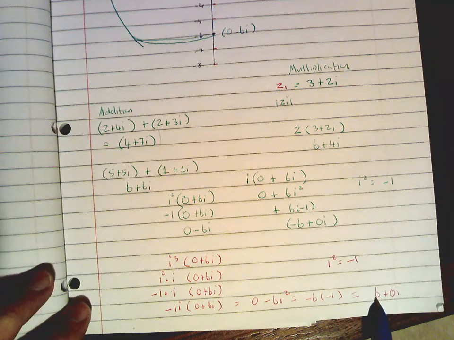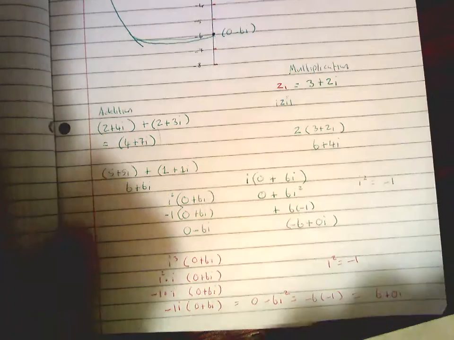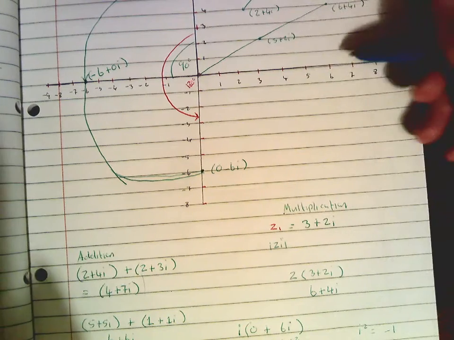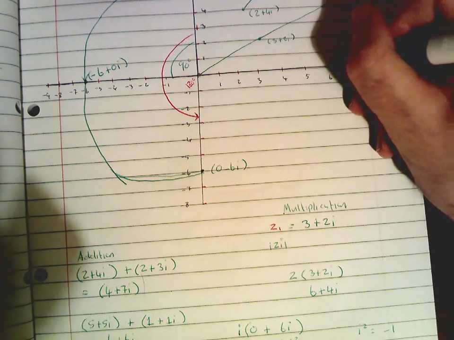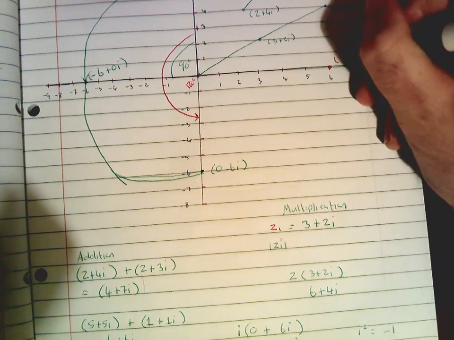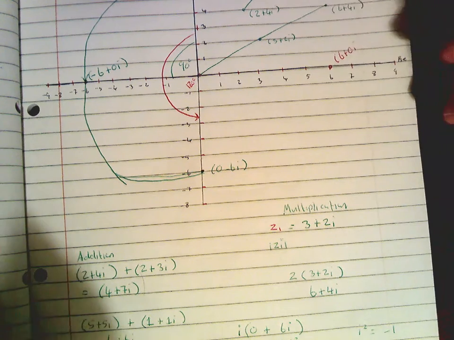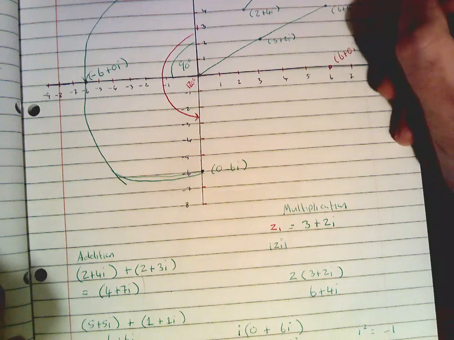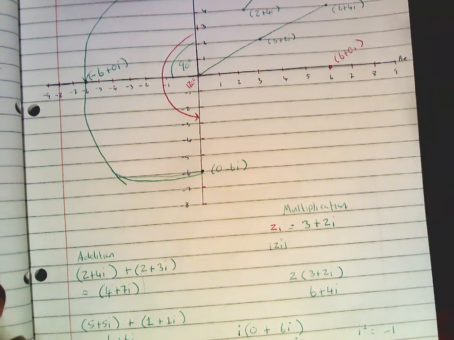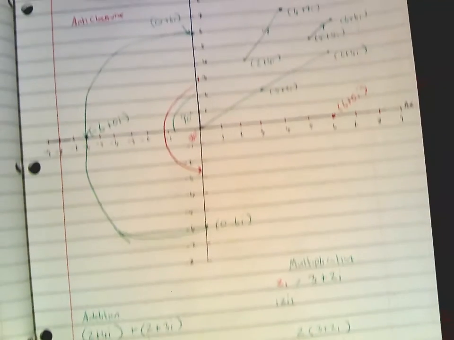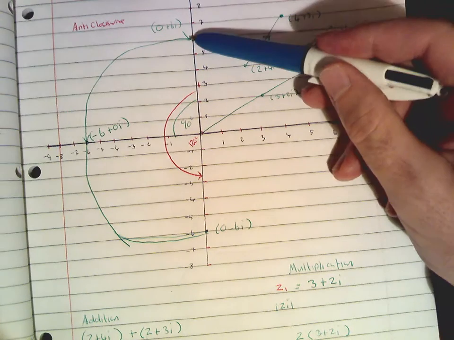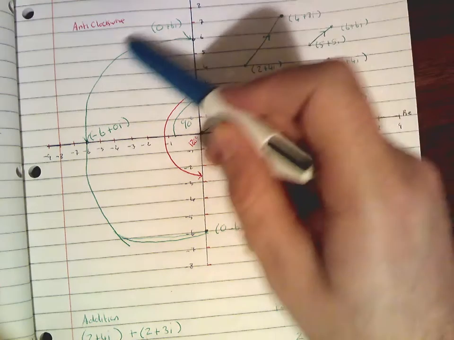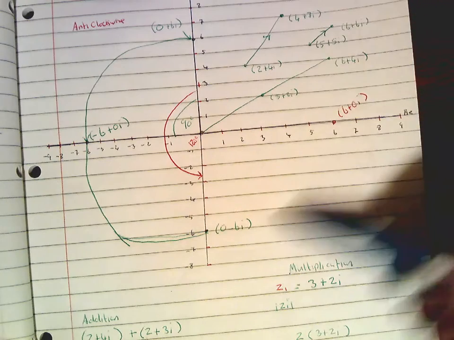If I want to plot this on my diagram, it's 6 plus 0i. So let's go up here and have a look at this. We have 6, 0i, it's going to be up here. We want to plot this, and it's going to end up here. If we think about where we started off, we started off up here and multiplied it by i cubed, and it's done a rotation right the way down here and ended up here.